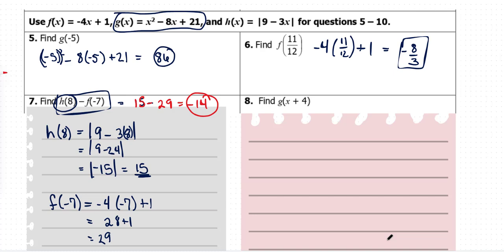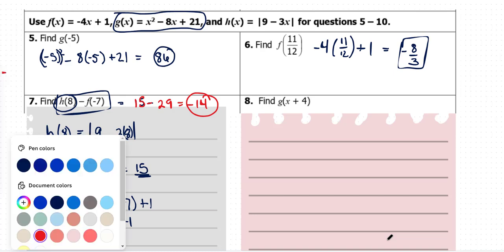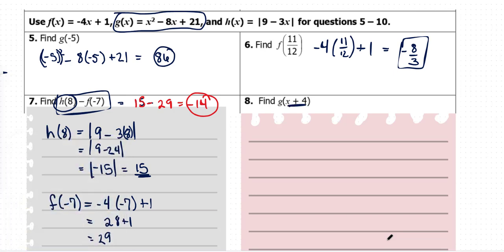So let's do this next one. So g of x plus 4, that means I go in my g function. I have my item squared, so in this case my item is x plus 4, my input squared, minus 8 times my input, plus 21.